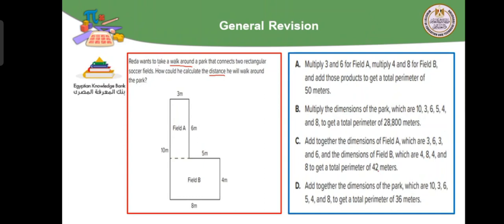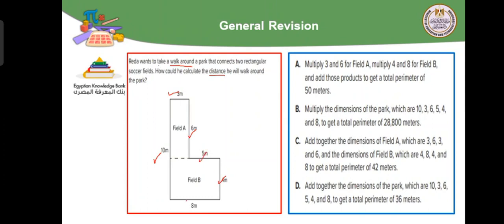Add together the dimensions of the park, which are 10 with 3 with 6. Look at here, this is 10. Okay, with 3. Okay, with 6. Okay, with 4. And 4 and 5. 5 and 4 and 8.